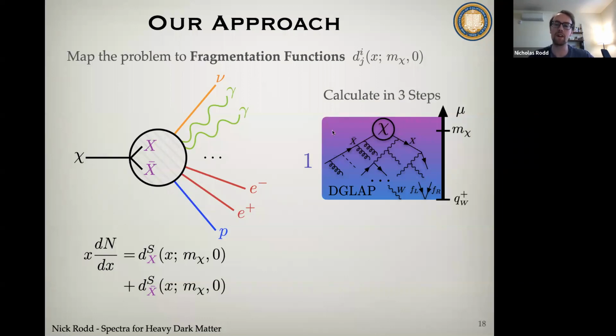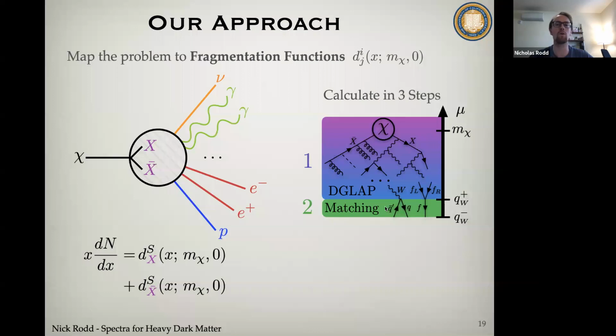In the first of these steps, what we're going to do is we want to evolve all the way from the dark matter scale down to just above the electroweak scale. We will do this using the DGLAP equations, but we won't just use pure QCD DGLAP. We'll use DGLAP with all the interactions in the standard model, including all the relevant electroweak interactions. At this stage, we'll then match onto the unbroken standard model. So essentially, we'll integrate out the various electroweak scale particles.